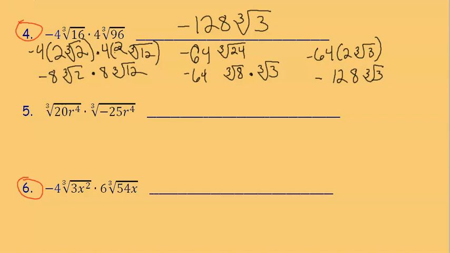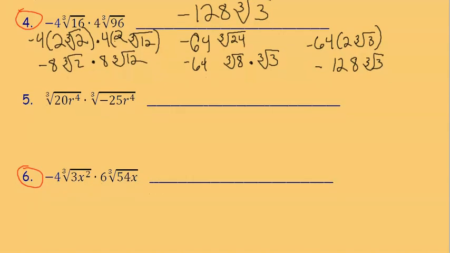And let's look at number 6. Negative 4 times the cube root of 3x squared times 6 times the cube root of 54x. 54 can be reduced into the cube root of 27 times the cube root of 2, and then we have an x left over.